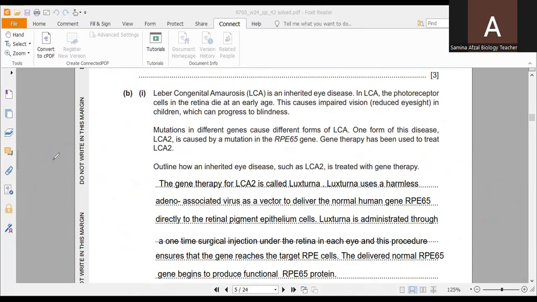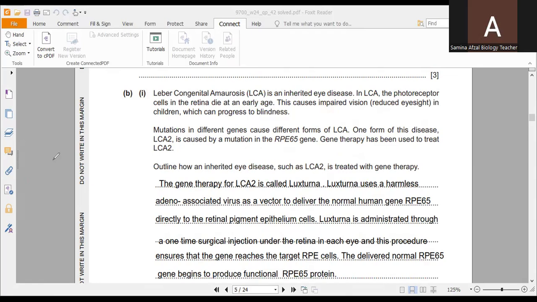One form of this disease, LCA2, is caused by a mutation in the RPE65 gene. Gene therapy has been used to treat LCA2. So outline how an inherited eye disease such as LCA2 is treated with gene therapy.